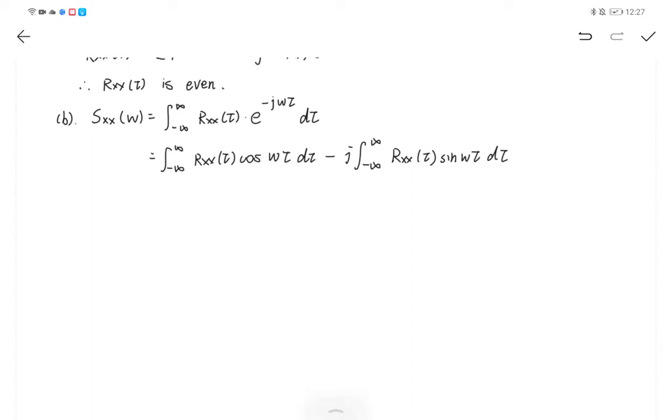And we can find this part is even, and this part is odd. So the whole part is odd.